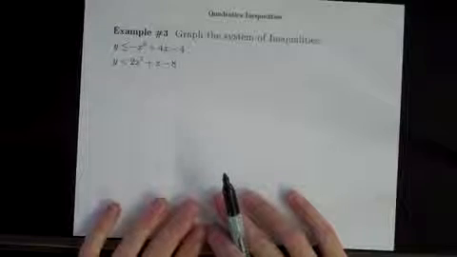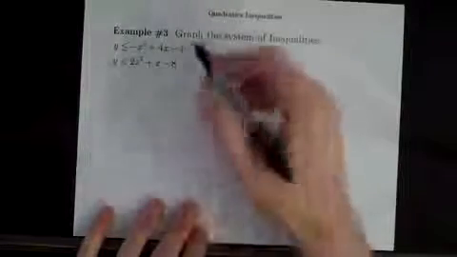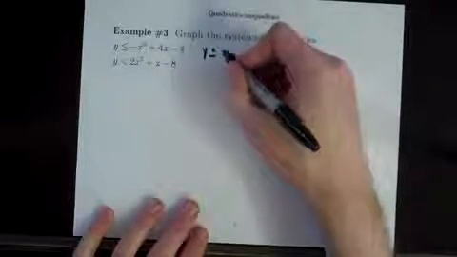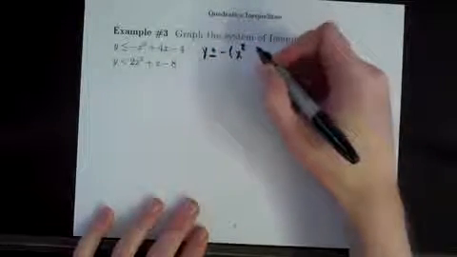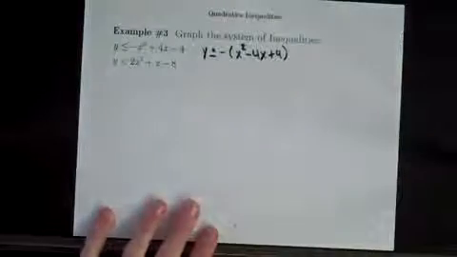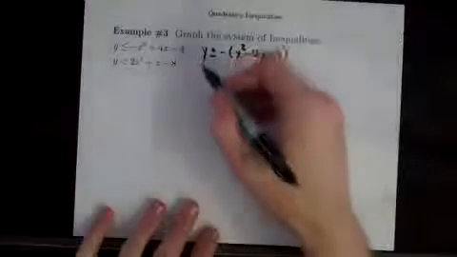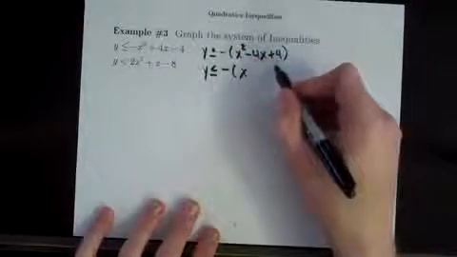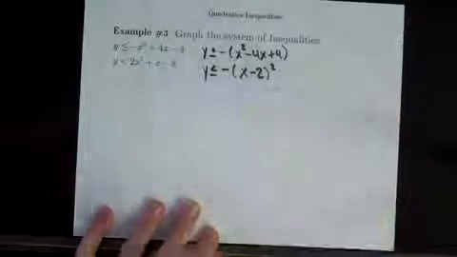So y is less than or equal to negative x squared plus 4x minus 4. I'm going to factor out a negative here: x squared minus 4x plus 4. We're going to see real quick that this becomes negative times (x minus 2) squared.